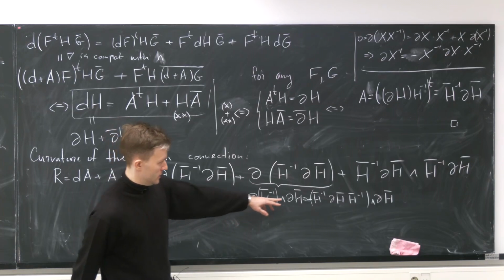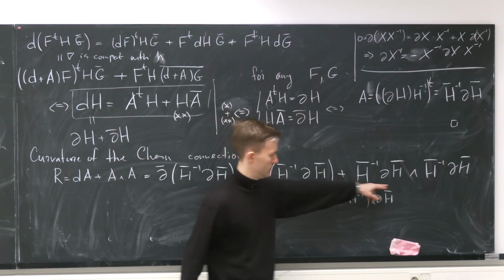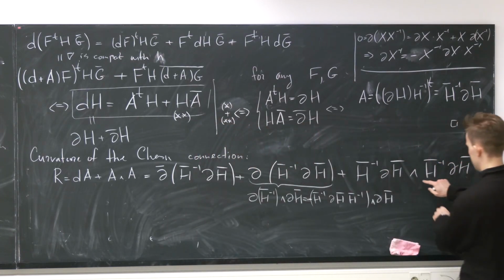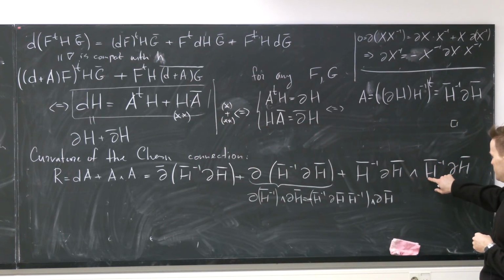So that's the negative of the last summand, because I can exchange the wedge product and matrix multiplication, because this matrix consists of functions.